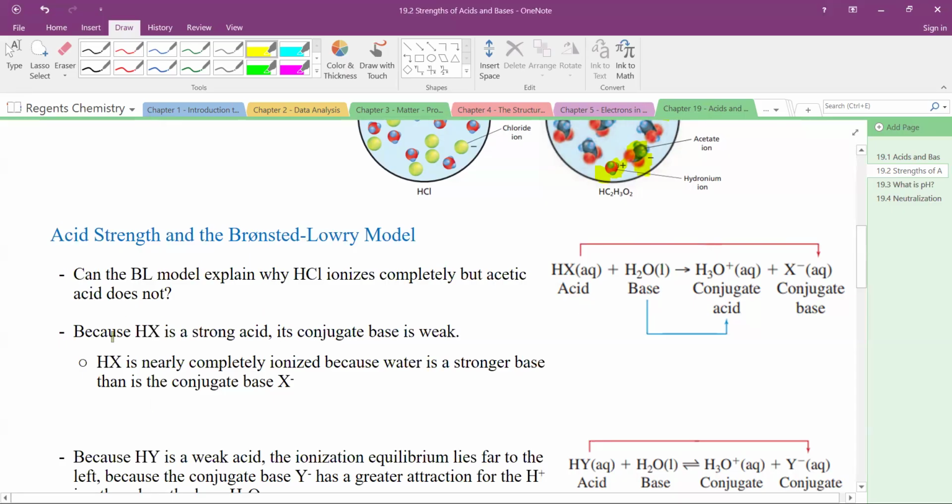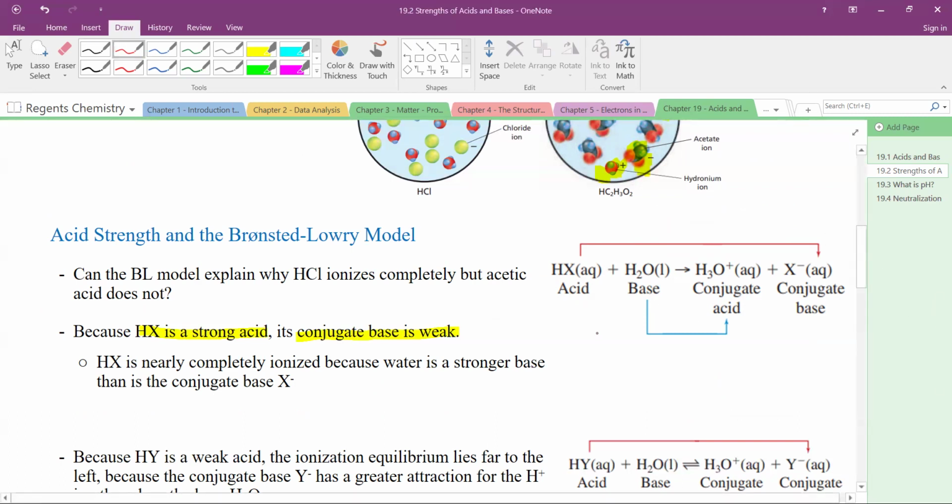So what we've said is, because in this example, HX is a strong acid, that means that its conjugate base must be weak, very weak and unable to get rid of that negative charge.